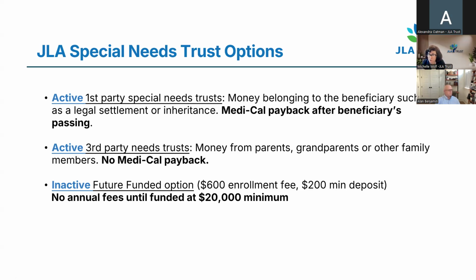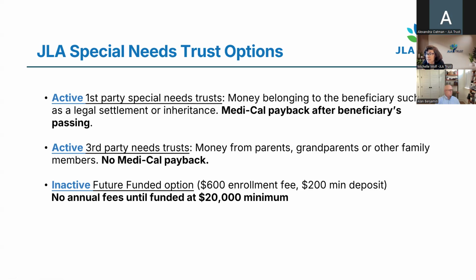A child no one knew about steps forward and says, my parents didn't really intend for the money to go to my disabled sibling. How do I know they really wanted that? And we can say, oh, look, they deposited $200, 20 years ago. So that is why we have that minimum deposit.